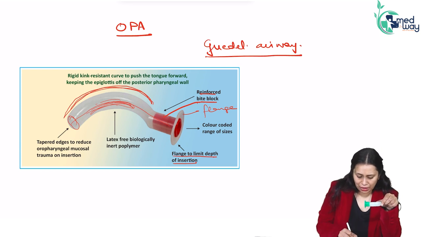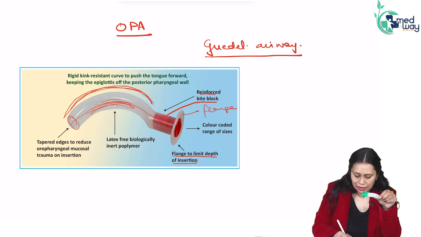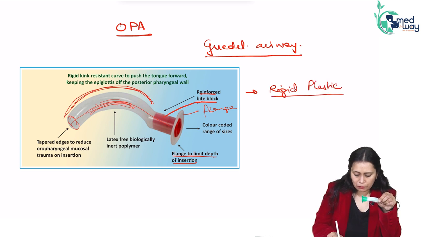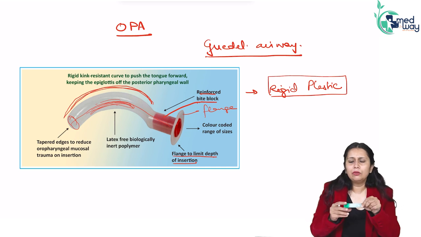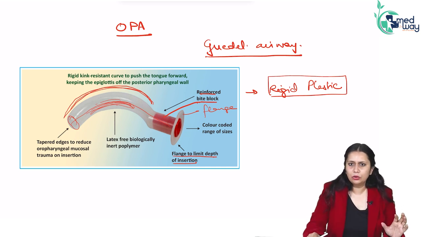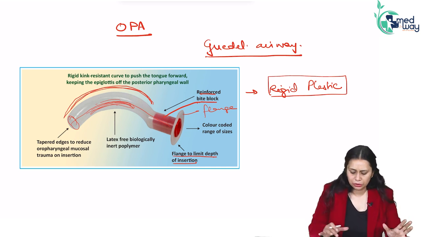In the Goodell's airway, we have an oval opening, which we can use for suctioning by insertion of a suction catheter. This airway is made up of rigid plastic. Now let us talk about how we insert it and how it does the work.